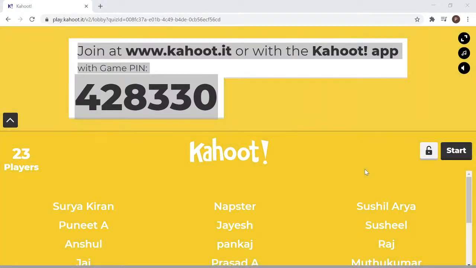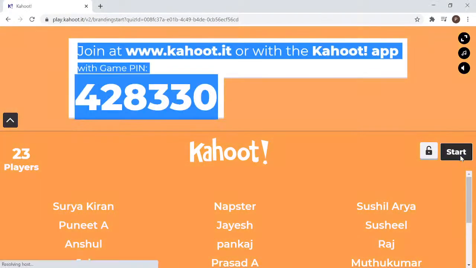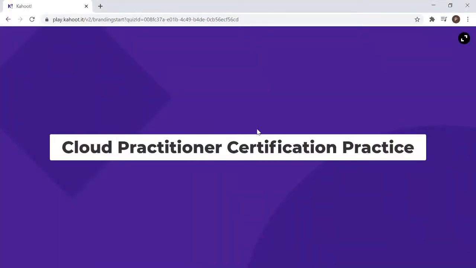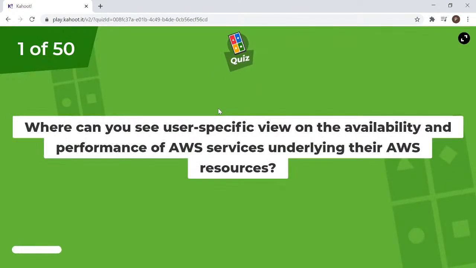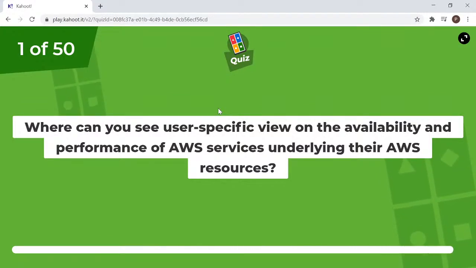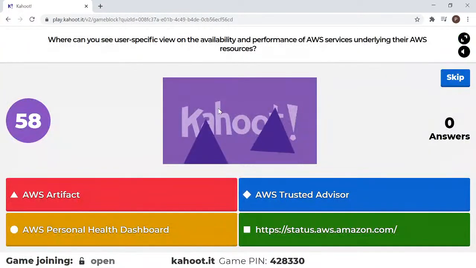Cool. Let us start. We'll start in 3, 2, 1. And the question is, where can you see user-specific view on the availability and performance of AWS services underlying their AWS resources?